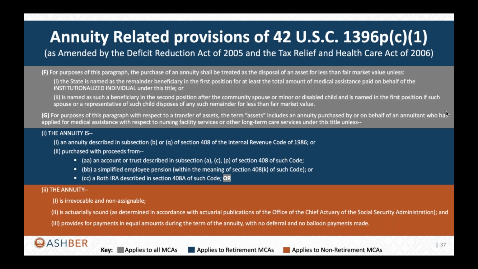And then finally, the text that you're seeing in orange applies to non-retirement Medicaid compliant annuities. So the requirements of the annuity to be completely irrevocable, non-assignable, actuarially sound, and to provide equal payments is going to apply to annuities that are purchased with after-tax dollars versus retirement funds.